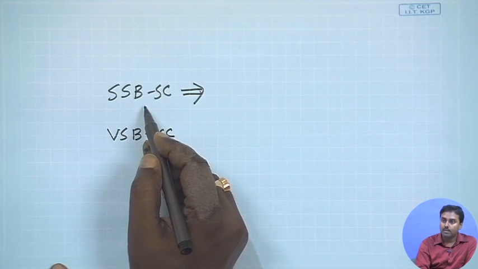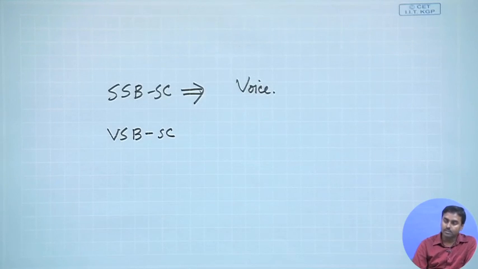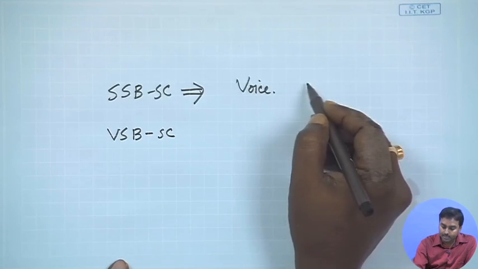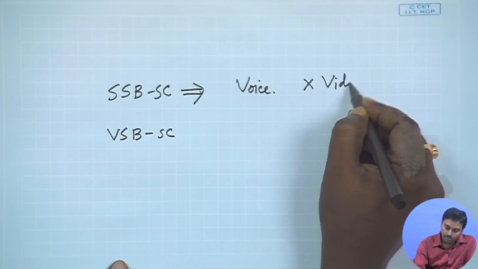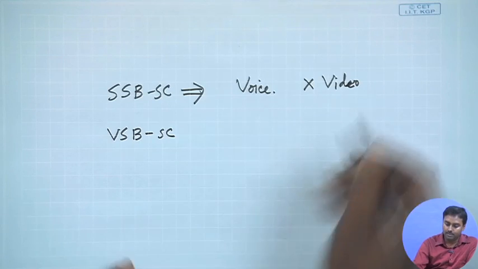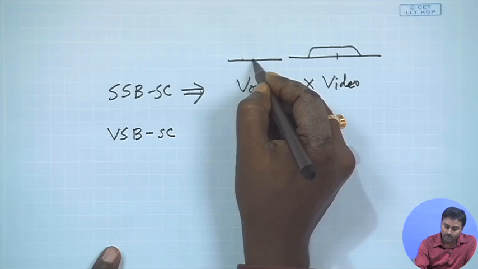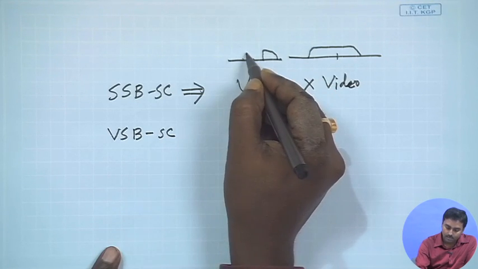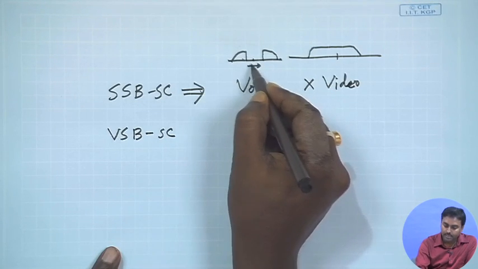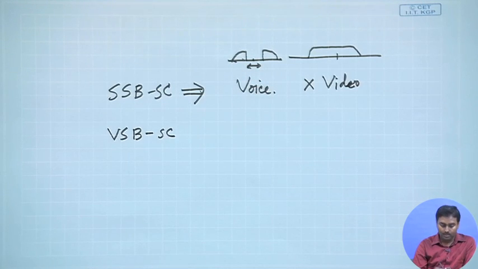This is good if we have a signal which has nothing around 0 in the frequency band, that means a voice signal. So this is good for voice modulation, but not good for video modulation, because that has something there. The video spectrum looks like this, whereas the voice spectrum looks like this, with nothing around 0. So for this, SSB-SC is good.